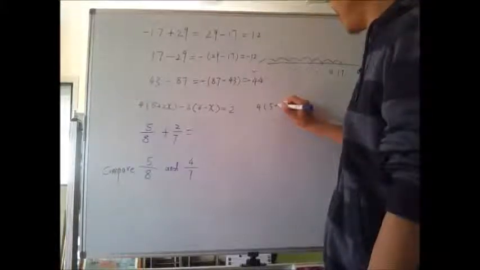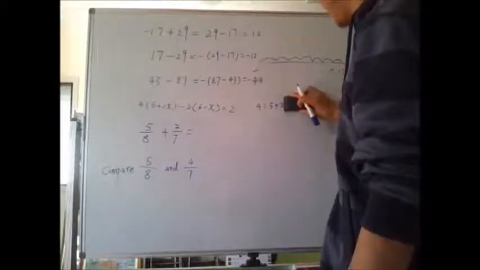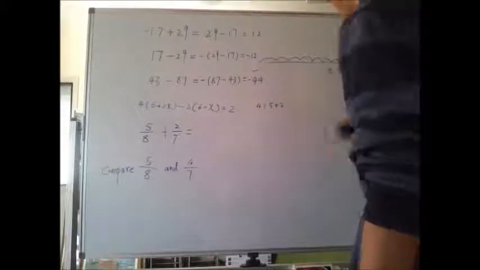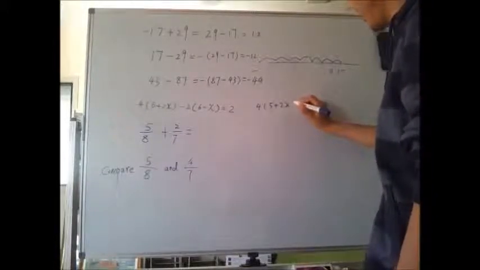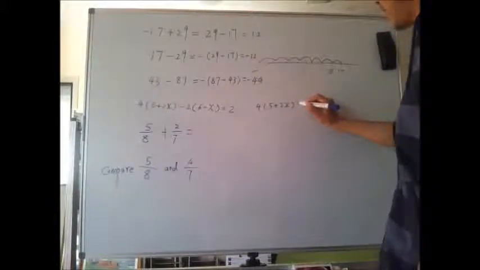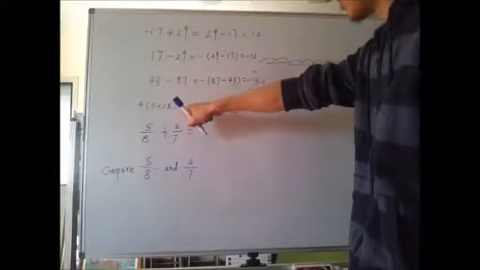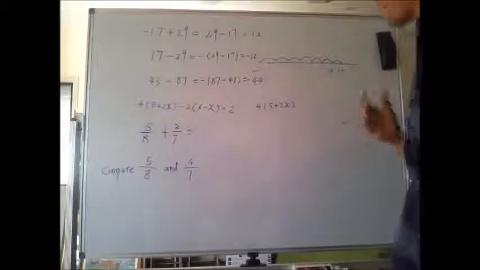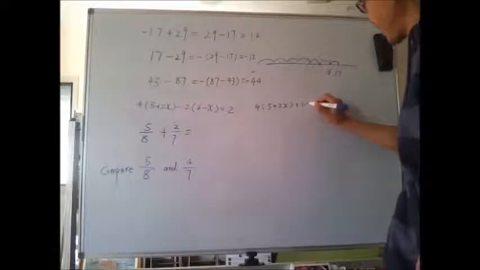5 plus 2x. This is my notation about x, but many students feel it's confusing, so I'm trying to change my notation into another one. And you see, this is a negative minus 2. Rather than say minus 2, we say plus negative 2.